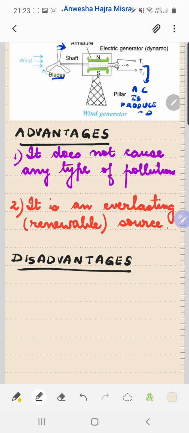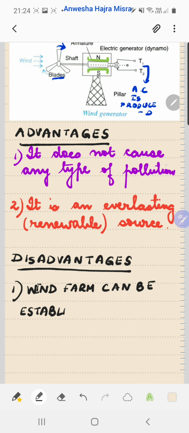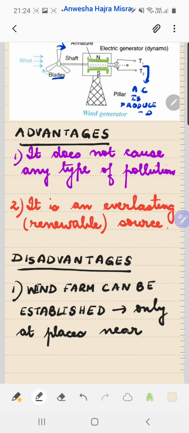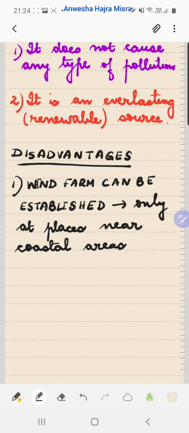Now the limitations are: the wind farms can be established only at places near the coastal areas where you have wind, and the wind speed should not be less than 15 km per hour.